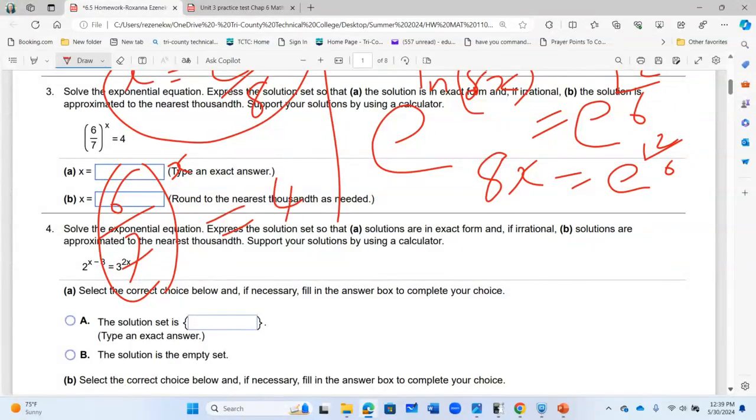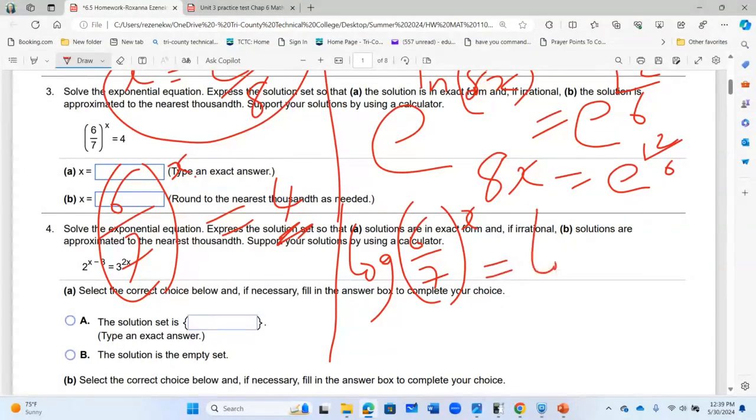There's no way I can change this number to this base, so I'm going to take the log of both sides. Log of 6 over 7 to the power x is equal to log of 4.